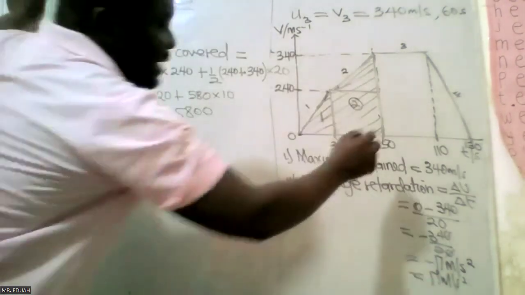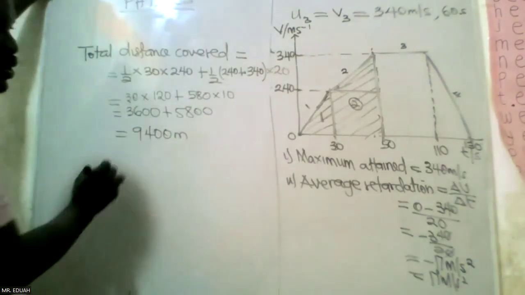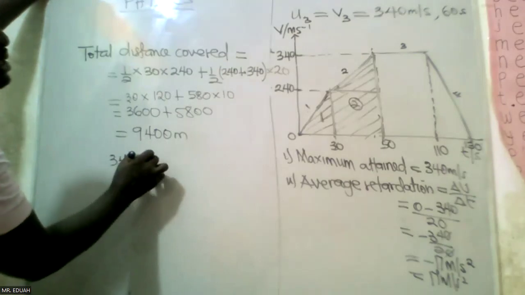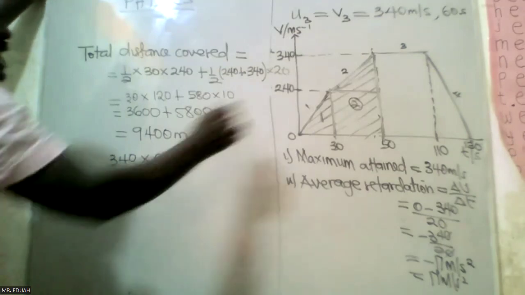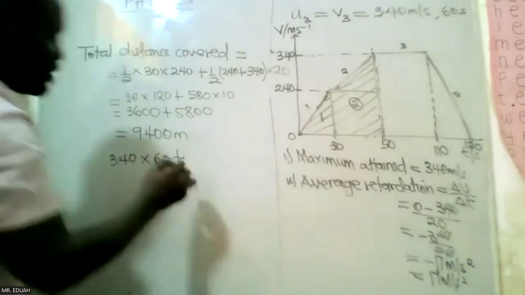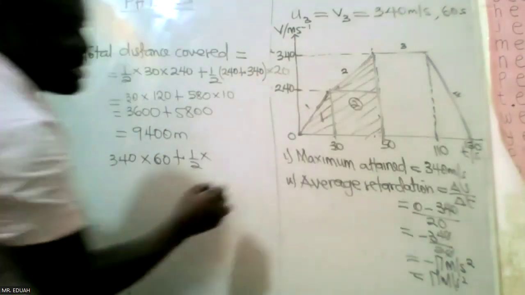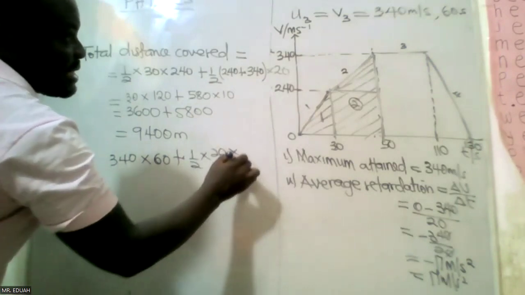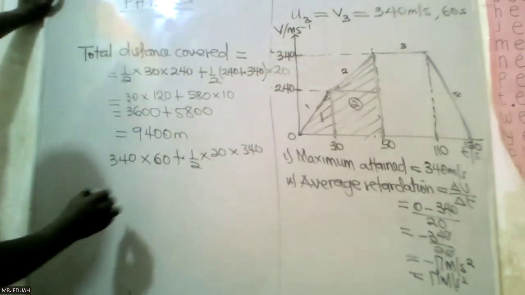So when we go by that, this area is a rectangle. So we have 340 times 60, giving us this area. Then this is a triangle, half times the base. The base is 20 times the height, which is 340.